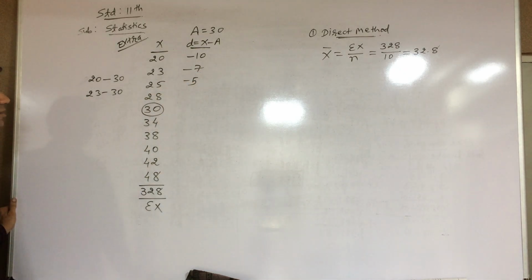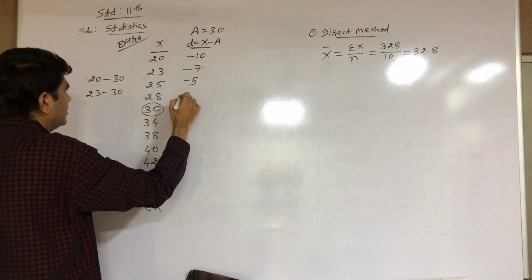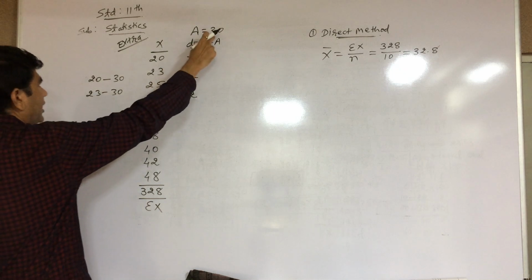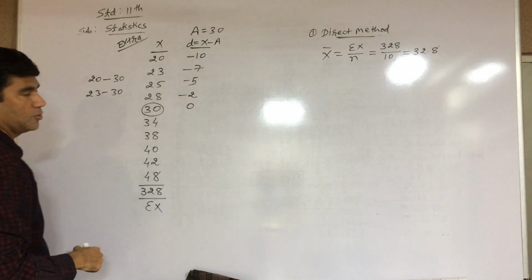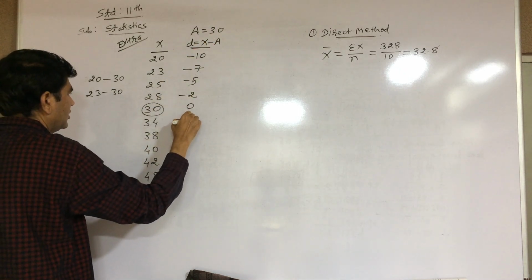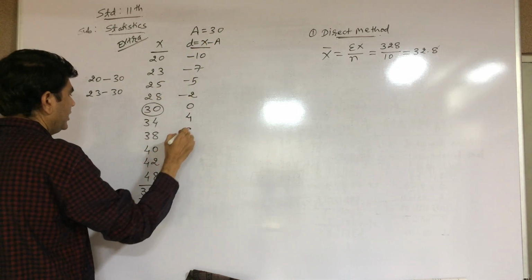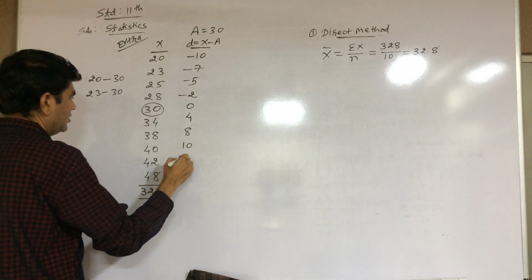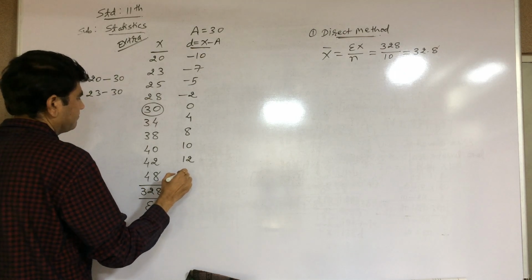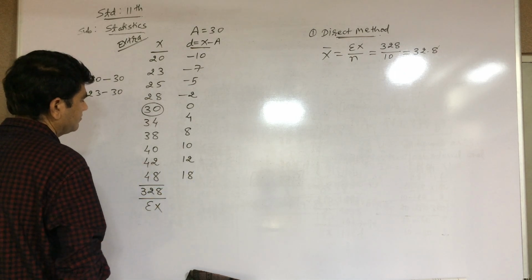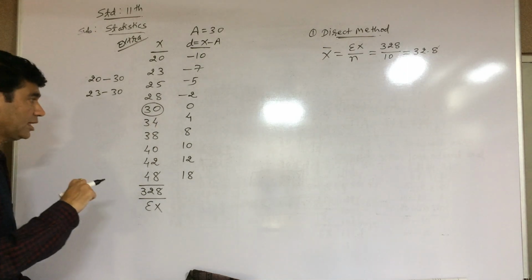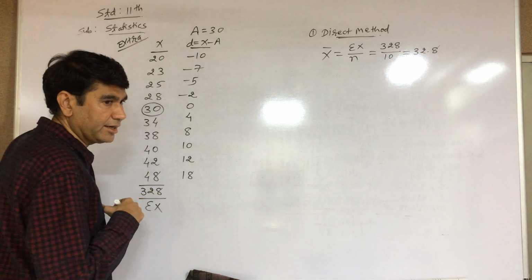Be careful. 28 minus 30 negative 2. Then 30 minus 30 0. Okay. 34 minus 30 4, 8, 10, 12 and 18. 48 minus 30.